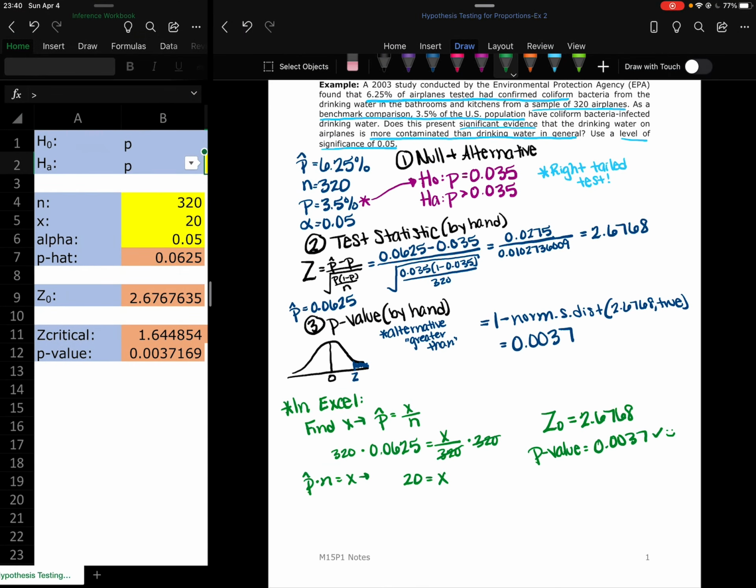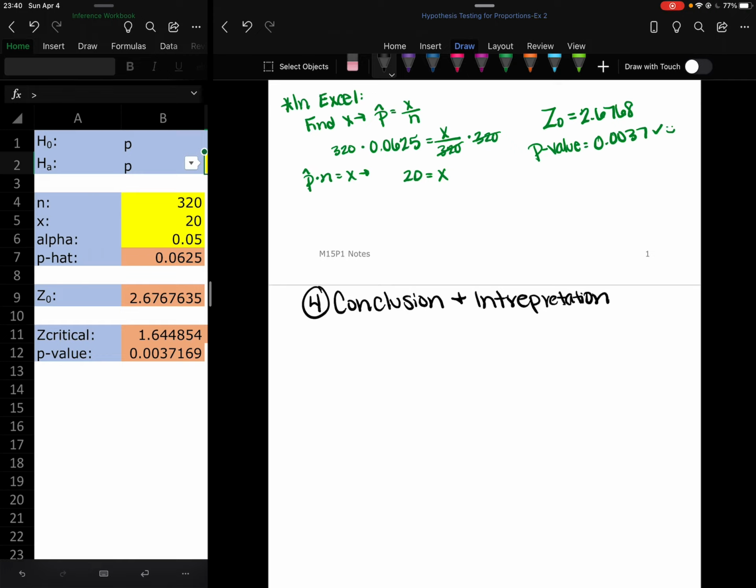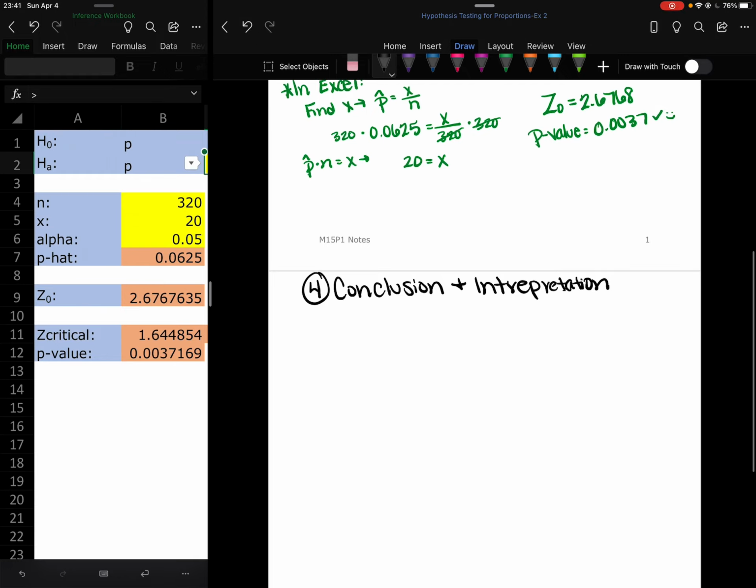So now I have my test statistic, my p-value. All I need to do is look and see if my p-value is small enough to reject. So that's my conclusion and my interpretation. That interpretation, again, is putting it into a sentence with context. It has meaning. We don't use the word it.